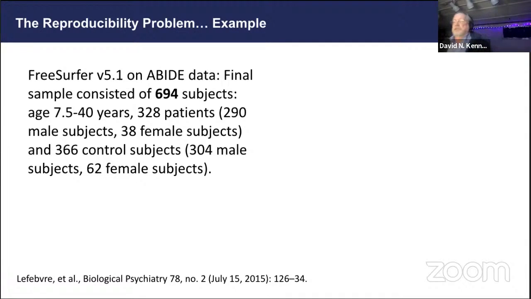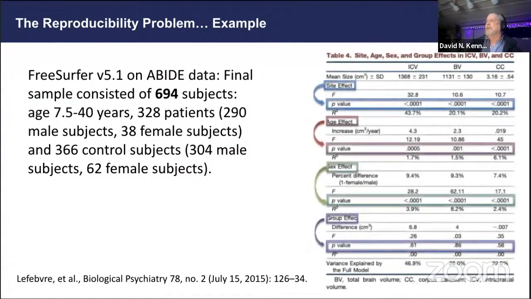And so in this case, using the ABIDE, the Autism Brain Imaging Data Exchange data, they found 694 subjects in the 7 to 40 year old age range. 328 are patients, 304 are controls. I'm sorry, 366 are controls. They ran a particular software package, FreeSurfer 5.1, and looked at the corpus callosum effect.